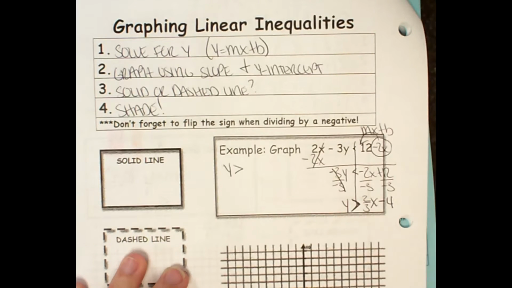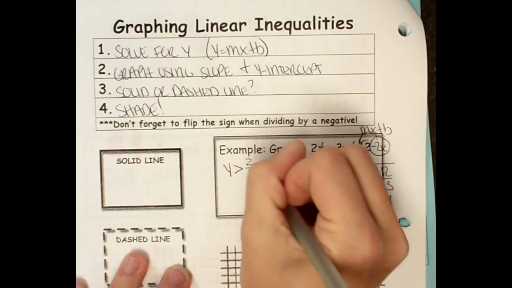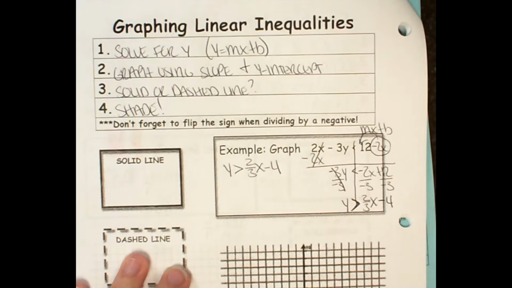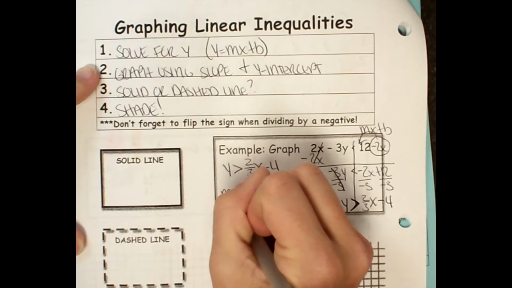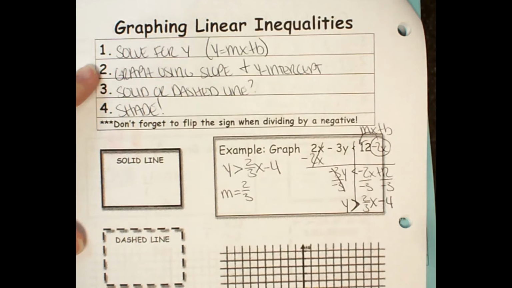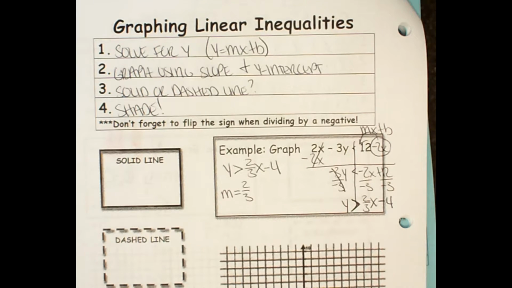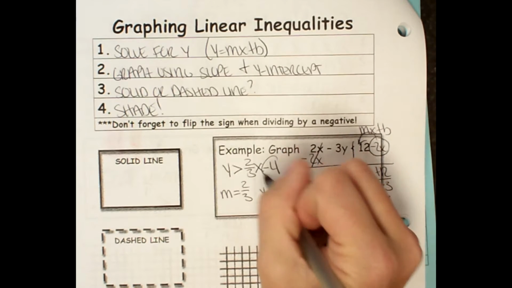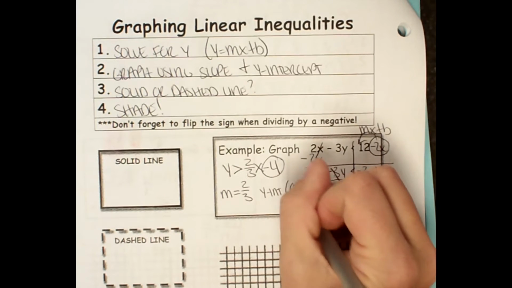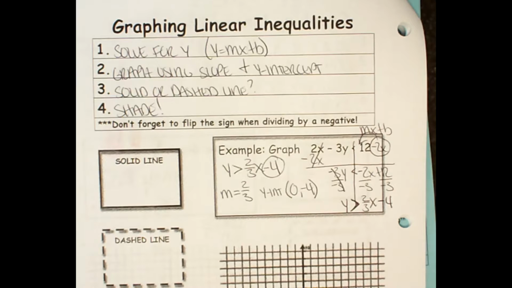Y is greater than 2/3 x minus 4. Step 1 is complete. I solved for y. Step 2, graph using your slope and your y-intercept. My slope is going to be equal to 2/3. My y-intercept is the minus 4, so it's going to be 0, negative 4.